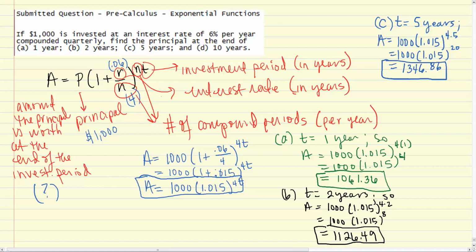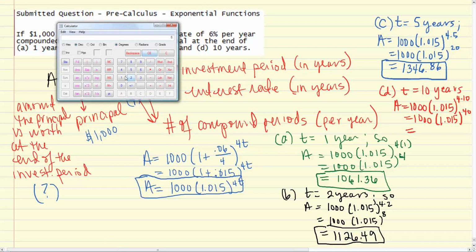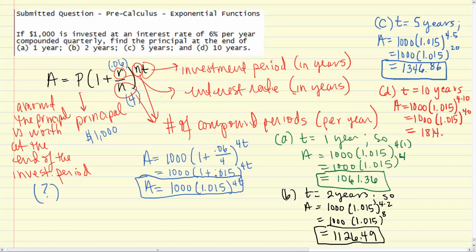Finally, D: t equals 10 years, A equals 1,000 times 1.015 to the 4 times 10, which is equal to 1,000 times 1.015 to the 40, and that is going to be 1814.02.